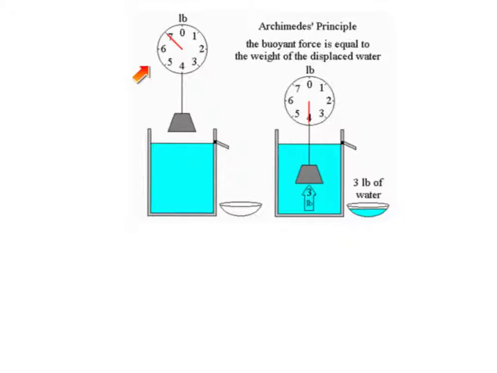So using a scale, he got the weight of that crown, and then he dipped it into water with a known density, and he was able to measure the buoyant force on that crown. He's able to collect the water that was displaced by the crown, right? And the buoyant force is equal to the weight of that displaced water.